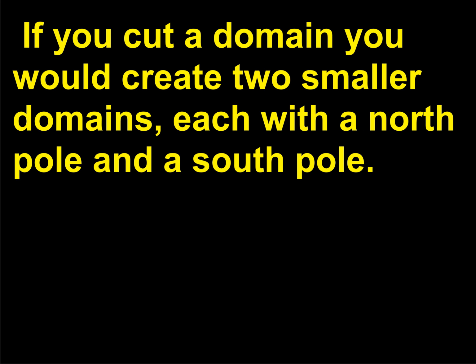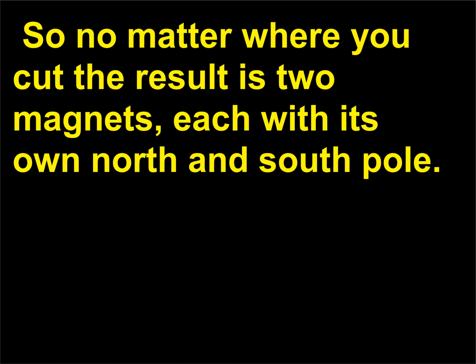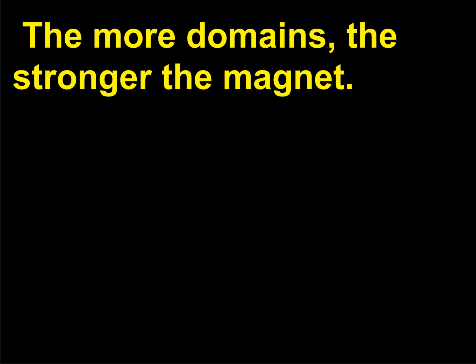If you cut a domain, you would create two smaller domains, each with a north pole and a south pole. So no matter where you cut, the result is two magnets, each with its own north and south pole. The more domains, the stronger the magnet.